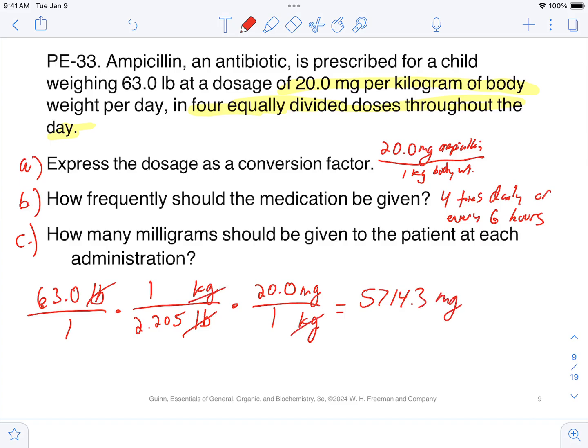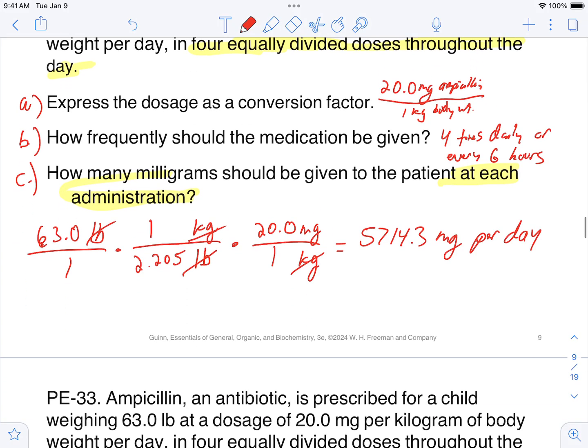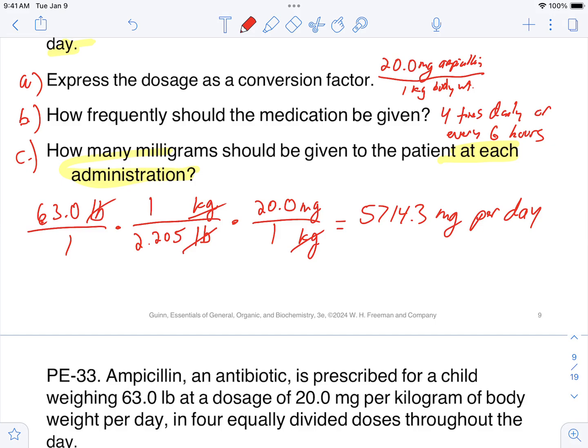And that's how many milligrams per day that the child should be given. But notice in C it says at each administration. And we know that there's 4 administrations, 4 doses throughout the day. So I'm going to do another little dimensional analysis thing here. Milligrams per 1 day.